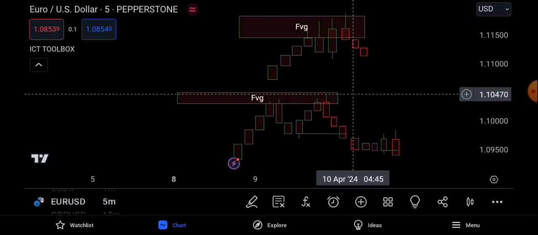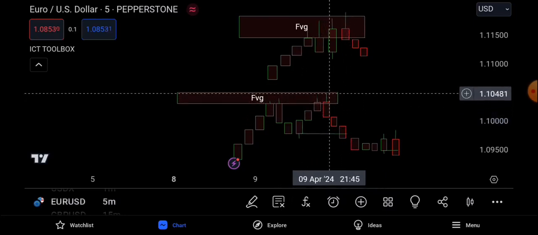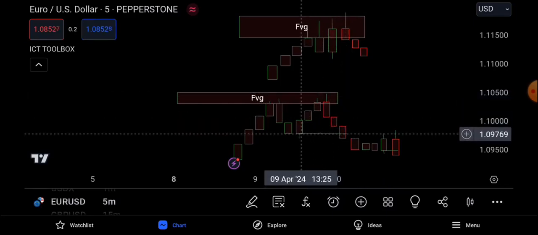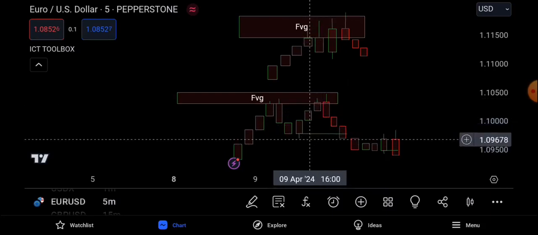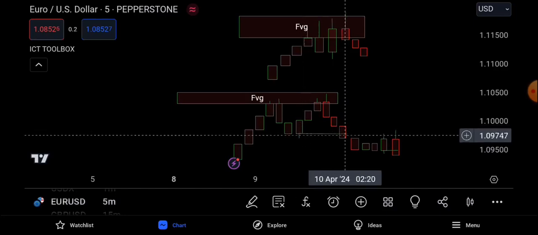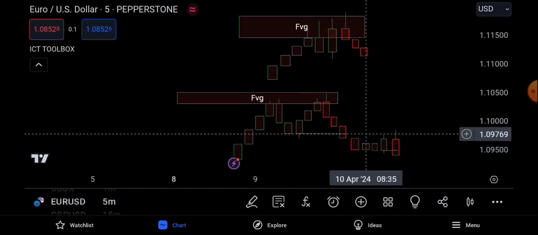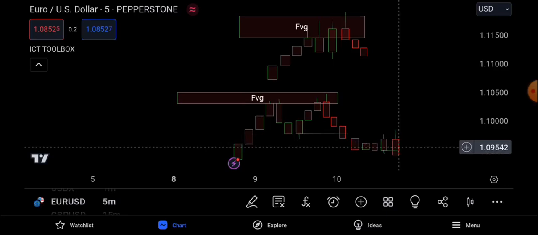After we sweep liquidity, we would want a candlestick to close above the body of our suspecting order block like this, therefore confirming this as an order block. And we draw our line for entry at the body of the candlestick. So if you are going to be taking any orders, you would put your limit orders right here and you would wait for the market to tag you in, and then you could look for further sells.